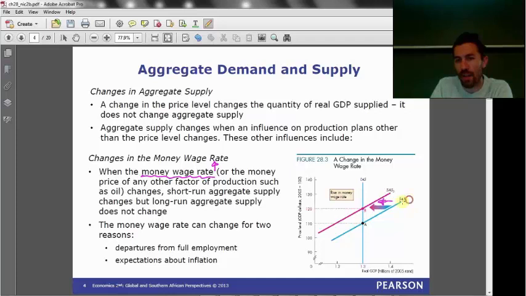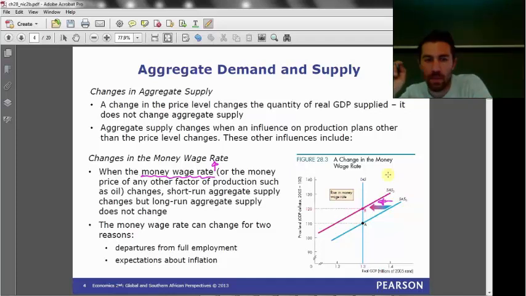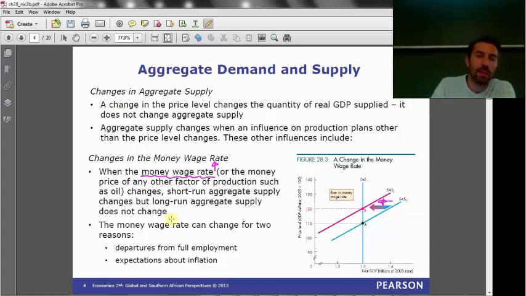It will shift to the left, but not the long run aggregate supply curve. And there are two reasons that the money wage rate can change: departures from full employment and expectations about inflation. So we'll come back to that in a moment.